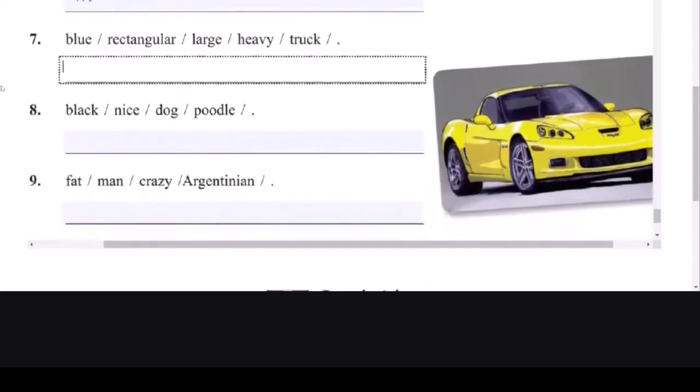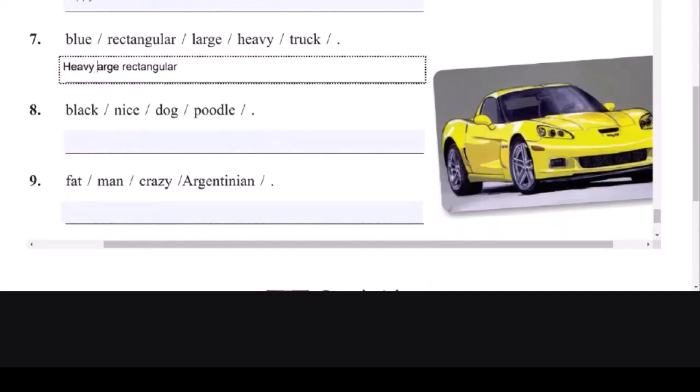All right. Now, what about number 7? Large. Large rectangular. No, heavy. Oh, yes, because of the opinion. For me, yes, it's heavy. For you, maybe it's nothing, right?